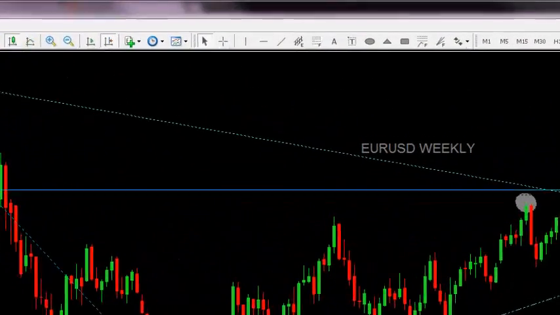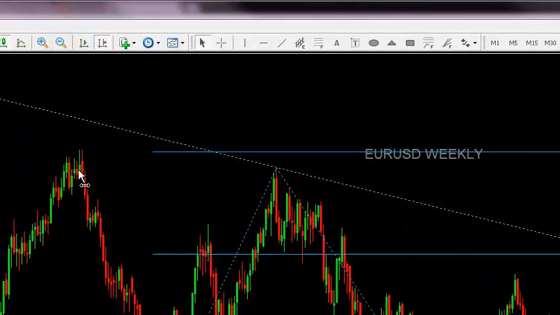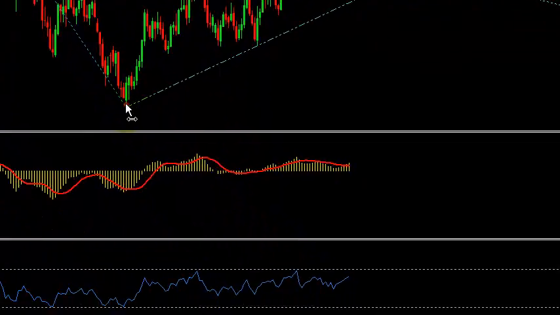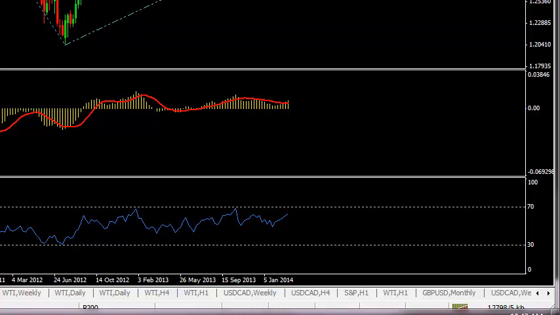And another thing is that we are on a very important expansion of A, B, C, and we hit the minimum expectation, which is 0.618 expansion at 1.39. Market didn't manage to close above it.